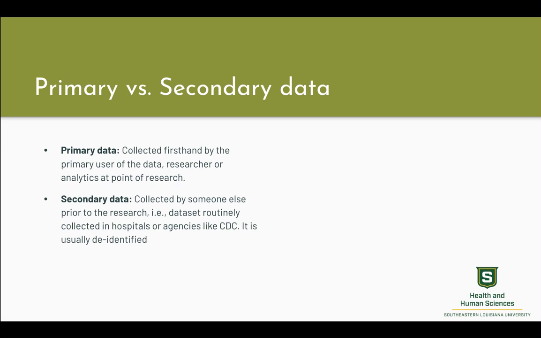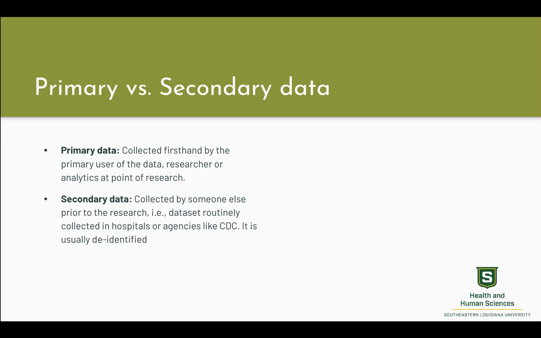With secondary data, somebody else collected the data, did all of their work, and then stored it somewhere, say in a database or a data set. Usually they have to be publicly available, meaning that they are also de-identified. Then when you need the data, you go into those data sets or databases to pull up that information.